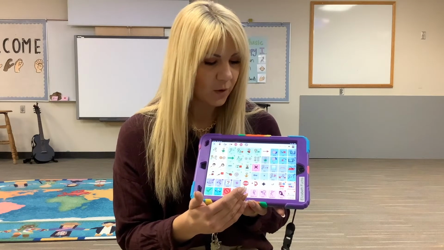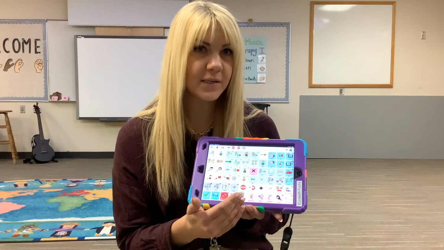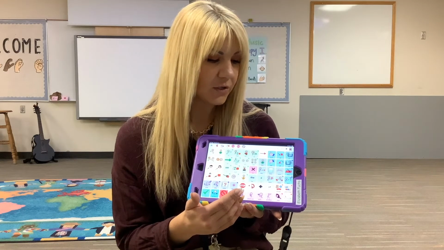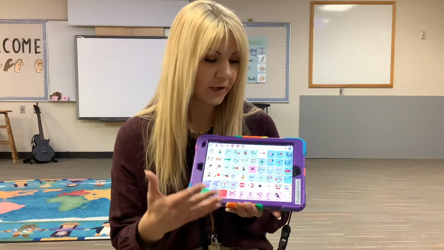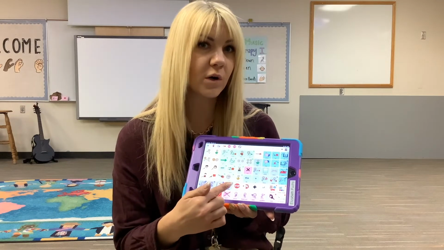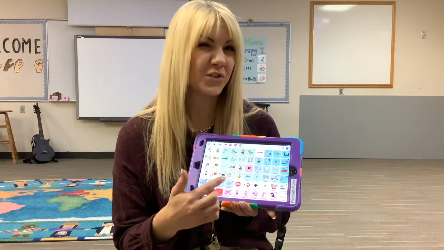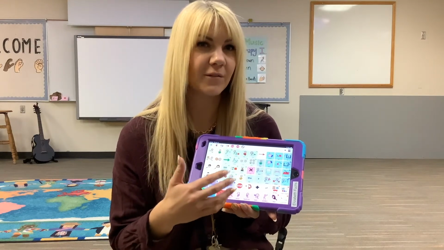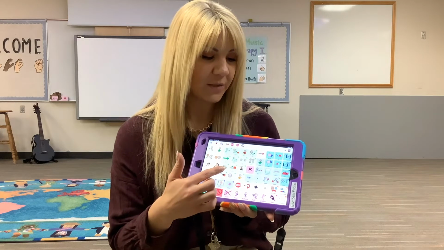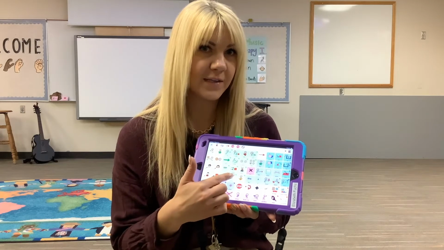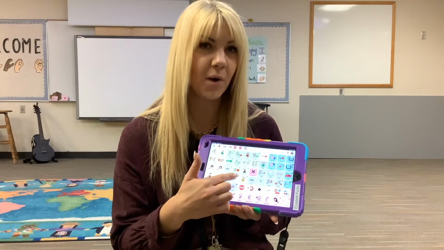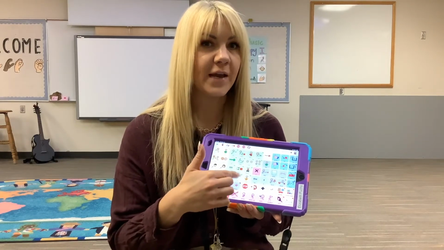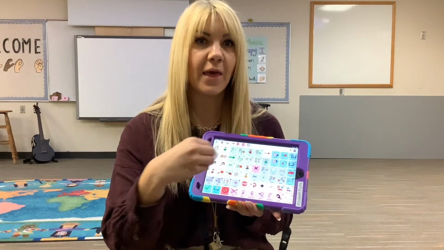And then I'm going to use shorter phrases, because many of my learners that they're learning the board, they might just be using one word phrase, or they're just starting to explore the board. I'm going to match the level of language that they're at, which means I'm going to use one word phrases when I'm communicating with them to model something that they could use. So I'm going to use a phrase that they could then take and they could use.